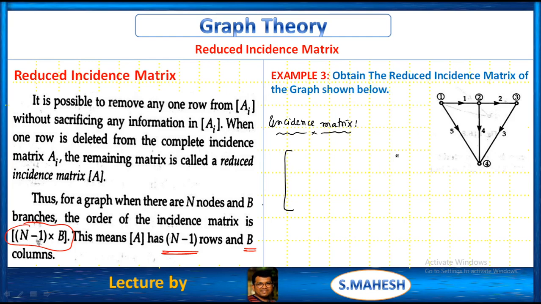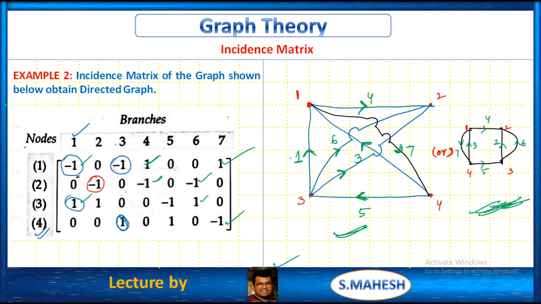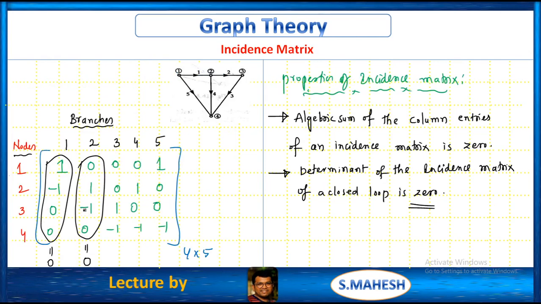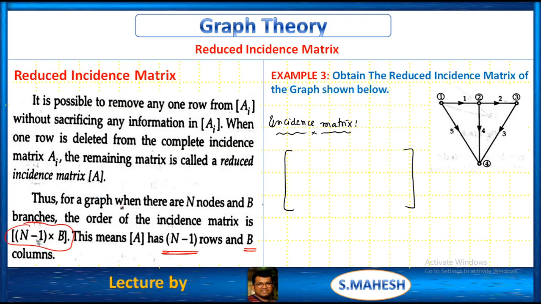What do we have? This is a 4 by 5 matrix. We have 1, 0, 0, 0, 1, minus 1, 1, 0, 1, 0, 0, minus 1, 1, 0, 0, 0, 0, minus 1, minus 1, minus 1. This is nothing but the incidence matrix.